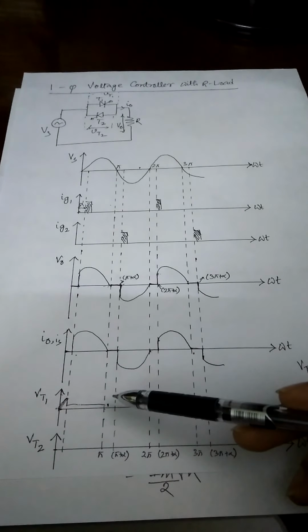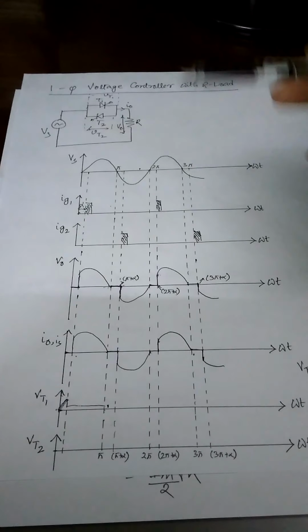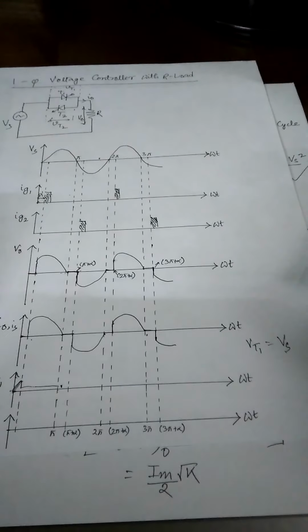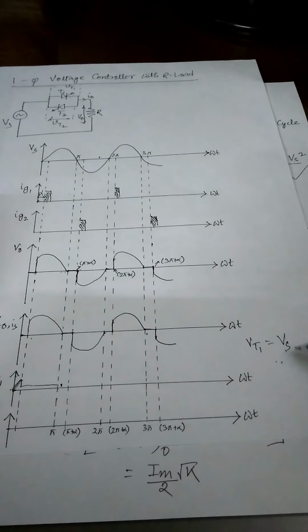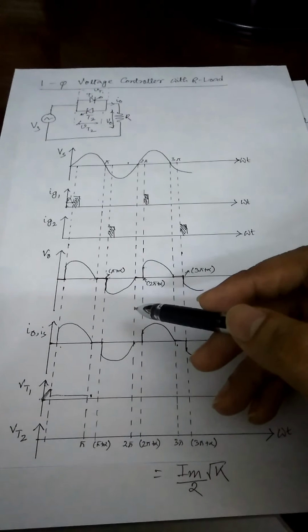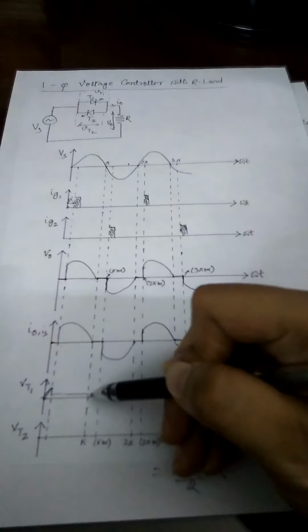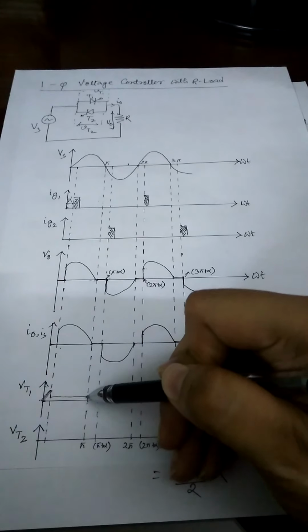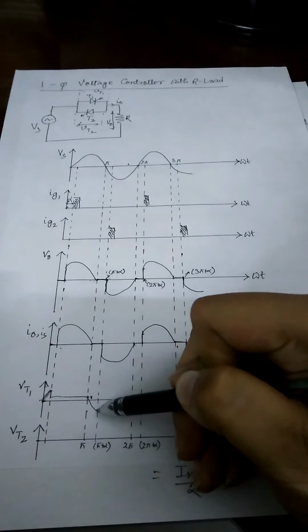At pi point, the T1 thyristor is going to be in reverse bias condition. So as it is in reverse bias, again VT1 will be equal to Vs. So from pi point it is going to follow the supply voltage waveform envelope.